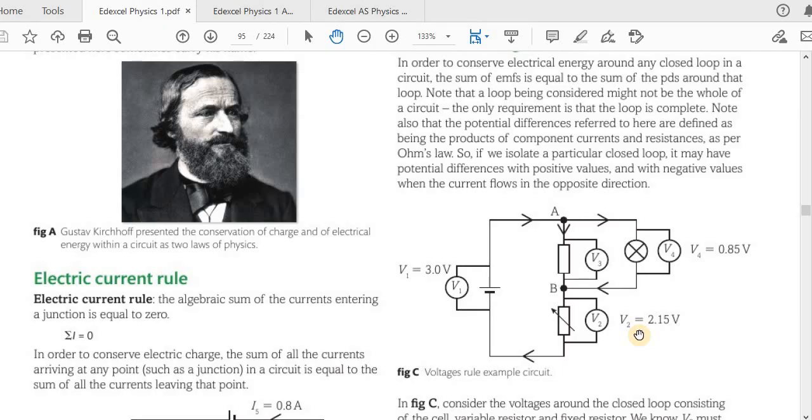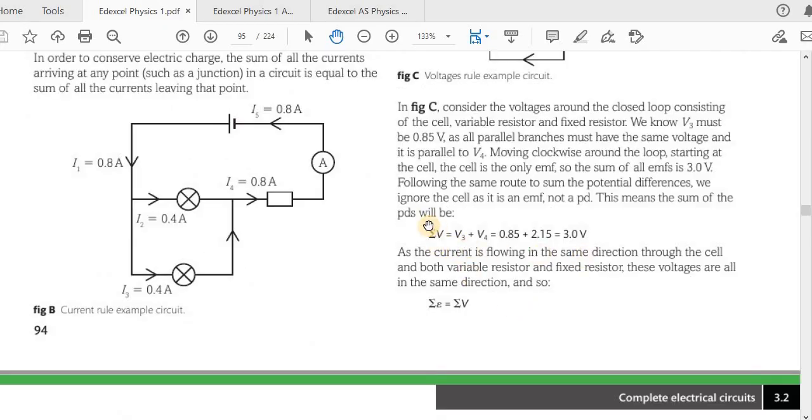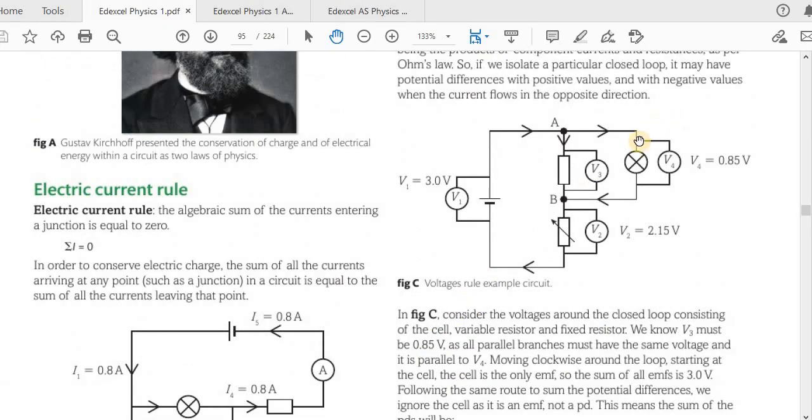Now this and this are in parallel, so they will have the same potential difference across them, which is 0.85. So V3 reads 0.85, V4 reads 0.85 volts, and these readings are already given. You can see the calculation here, the sum of voltages.